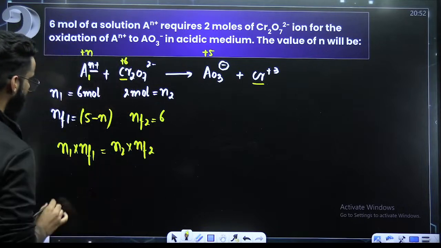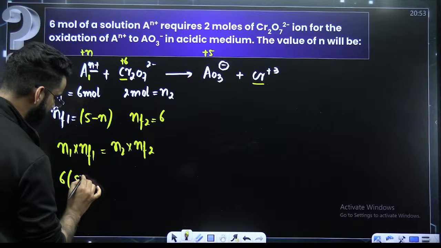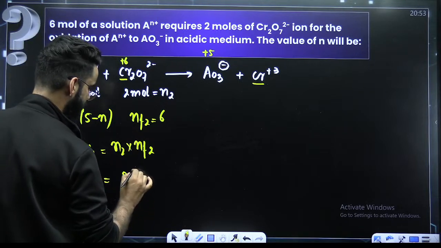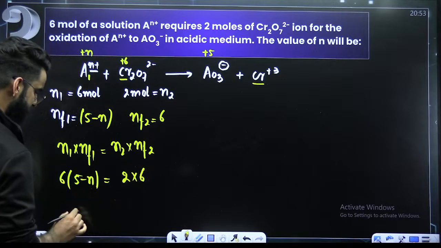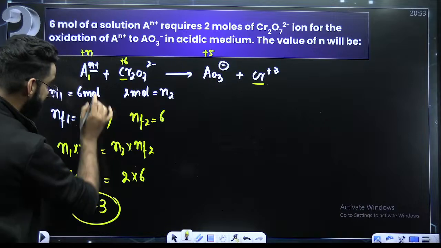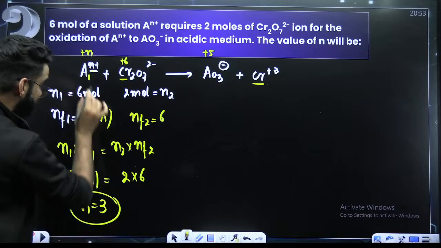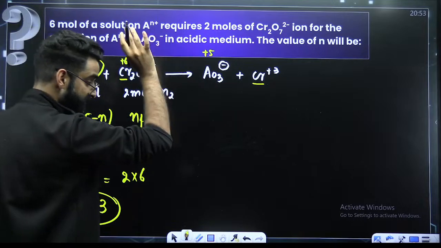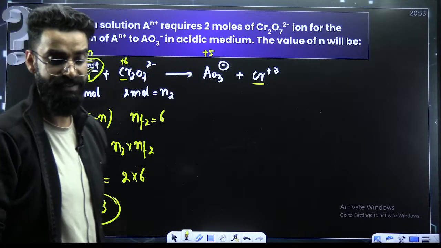What is N1? 6. What is N factor 1? 5 minus n. What is N2? 2. What is N factor 2? That is 6. So, 6 cancelled, and the n value comes out to be 3. This n was the charge present on A, so the charge present on A over here is +3. So, A is going from +3 to +5 here.